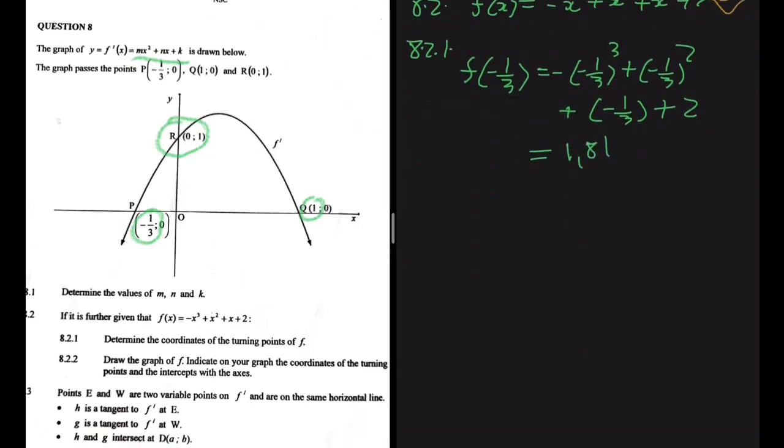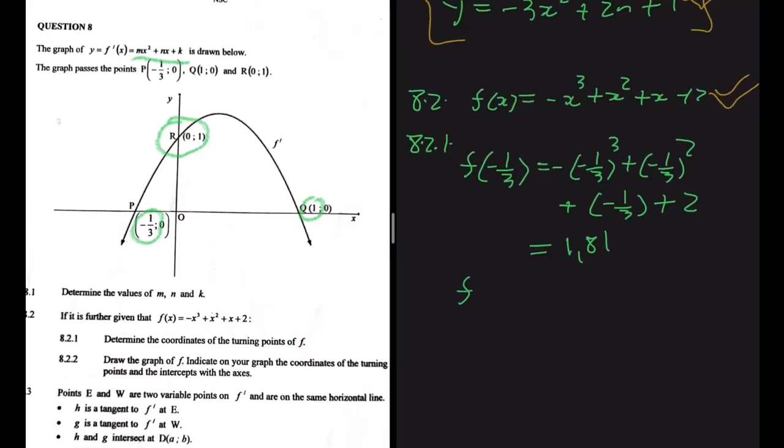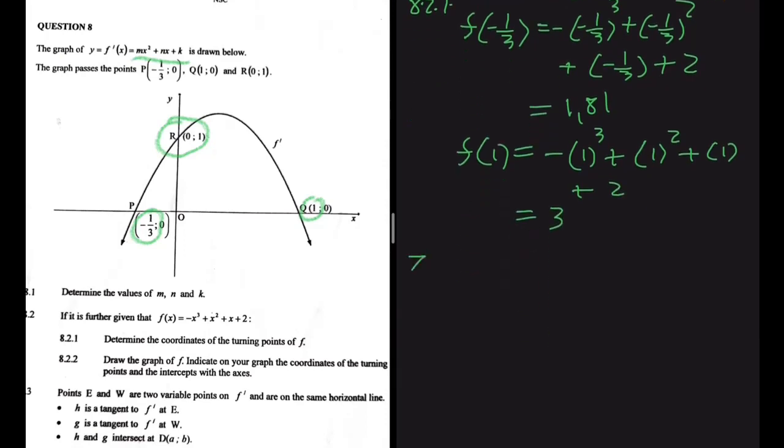1.81, right? Now let's substitute the other point, which is 1. So we're going to have minus and then multiply by 1 to the 3 plus 1 to the 2 plus 1 plus 2, right? And that should be equals to 3. Now let's move forward and do 8.2.2.